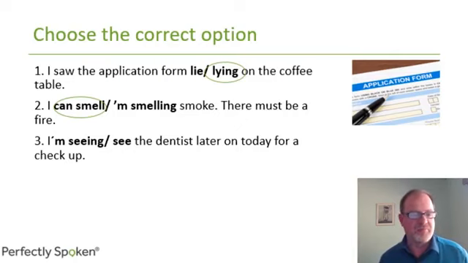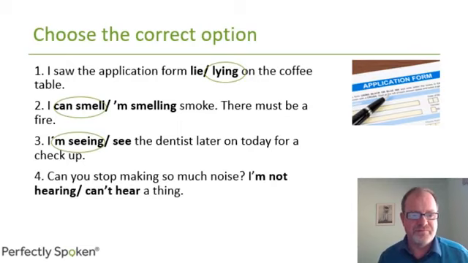It's a checkup to see the general state of your teeth. So this is a different meaning of see from using your eyes. This means that you have arranged to go to the dentist, to meet the dentist for the checkup. So in this case, we can use present continuous. I'm seeing the dentist later on today for a checkup.